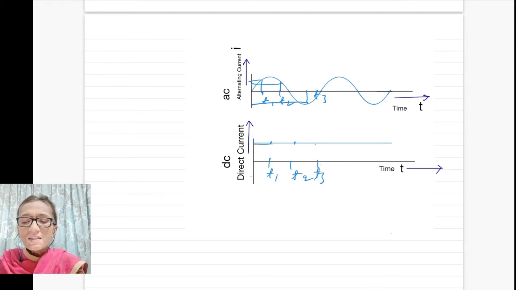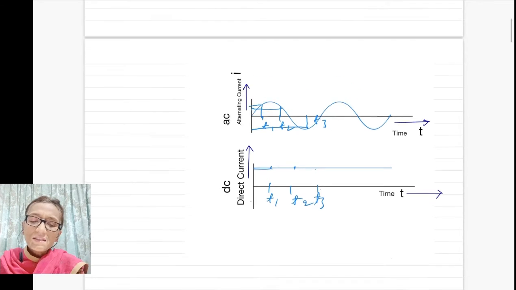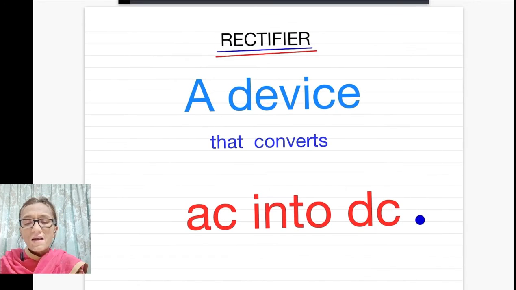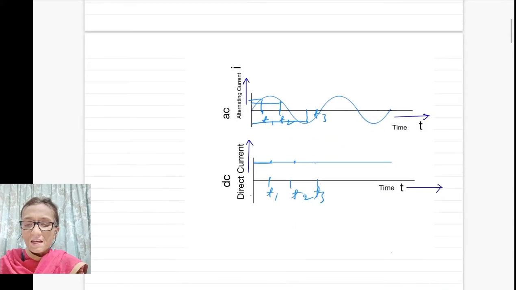Direction also does not change. So this is AC and DC. A rectifier converts AC into DC. It converts AC into a current that has the same direction and the same magnitude.